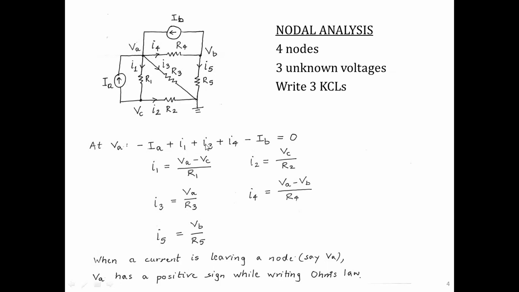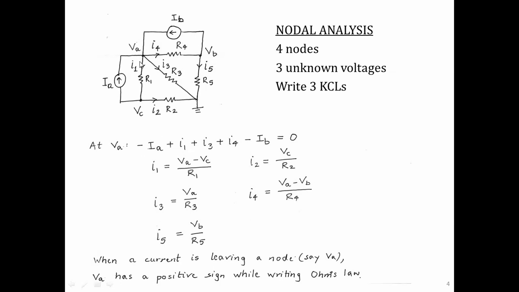The next thing we'll do is write each of the currents in this nodal equation as a function of the node voltages wherever possible. IA and IB are known quantities, so we don't need to do anything with them. The unknown currents we'll write in terms of node voltages. So let's write all 5 currents in terms of node voltages, and we'll use this for writing the nodal equation. I1 is the current flowing out of VA, so I1 is equal to (VA minus VC) by R1.